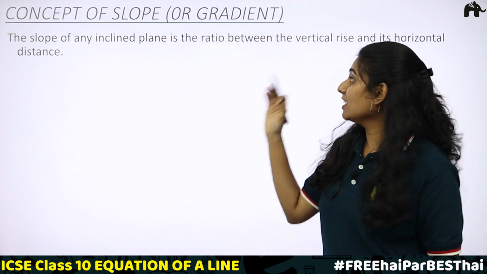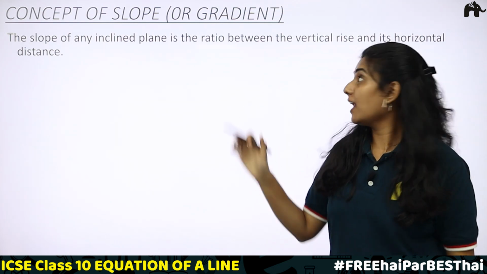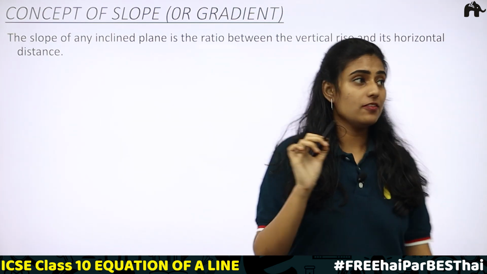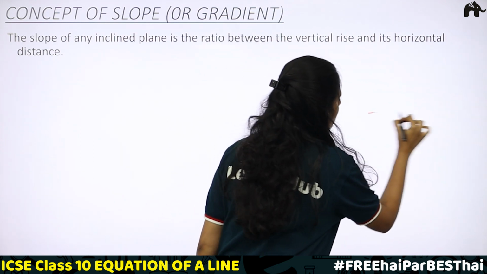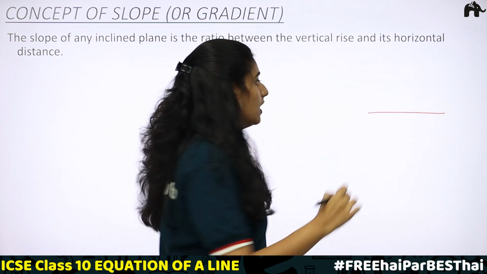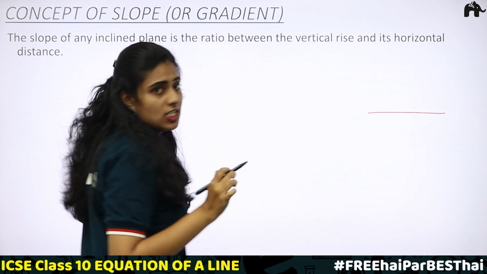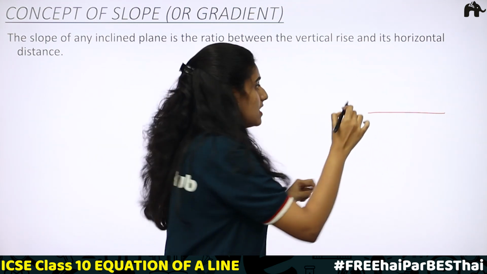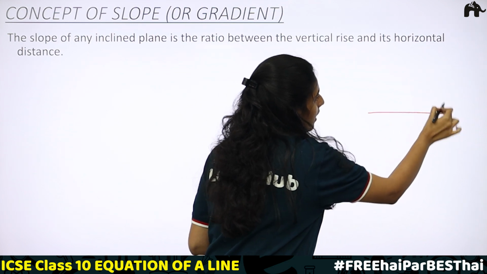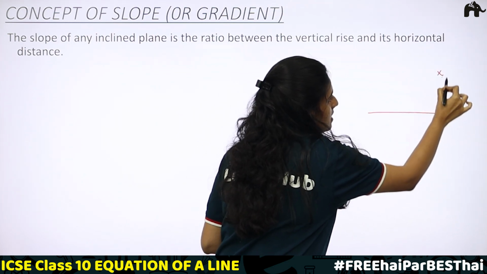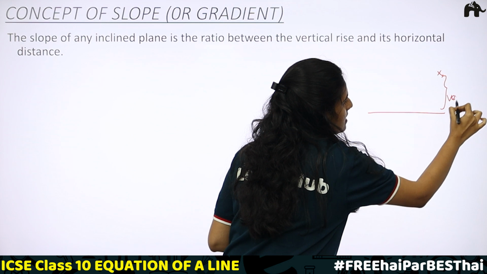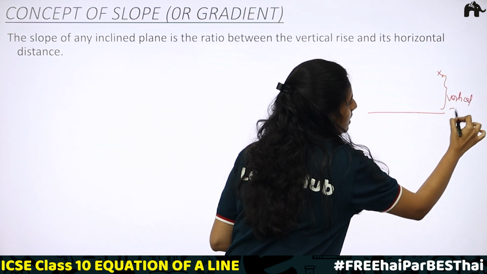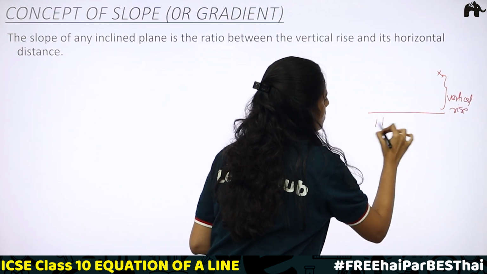Now let's understand the concept of slope. Slope is also known as gradient. Here I am considering a horizontal distance. We know what inclination is. Inclination is the angle it moved from the x-axis. Up to this height is called the vertical rise, and this is the horizontal distance.